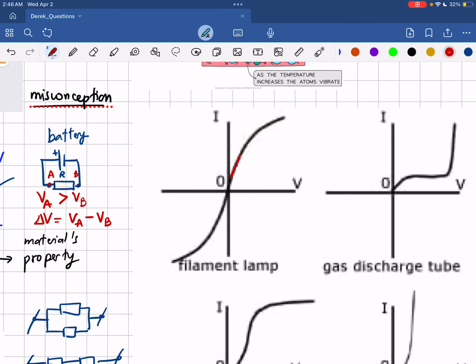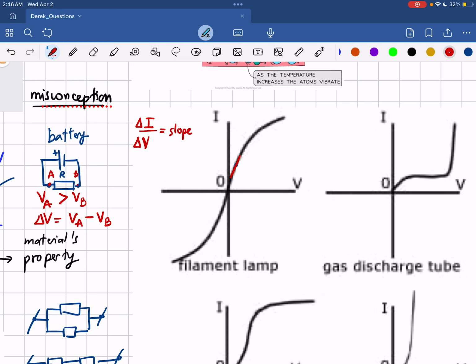So if you have learned about derivatives, maybe some of you have done some higher advanced math, but if not, you can think simply like we have I over V, right? And then we have some change of I over some change of V, right? Then we have this as the slope.